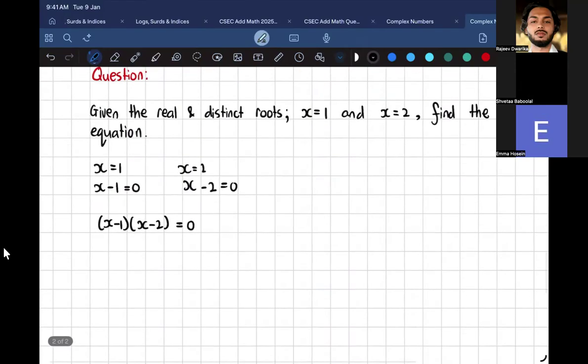Cool. Then I'm going to expand this. X by x is x squared. X by minus 2 is minus 2x. Minus 1 by x is minus 1x. Minus 1 by minus 2 is plus 2. And that'll be equal to 0. So did I do anything that was crazy? No. Nah, this was easy, right? Yeah. Right, cool.